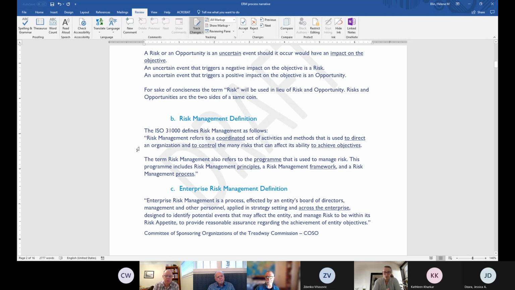Okay, and this piece of reasonable assurance is really key when you have listed corporations that are providing their annual or even quarterly report either to the SEC or to other regulatory bodies, including to their shareholders.